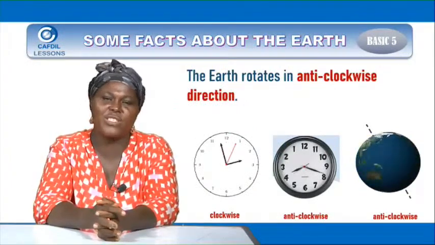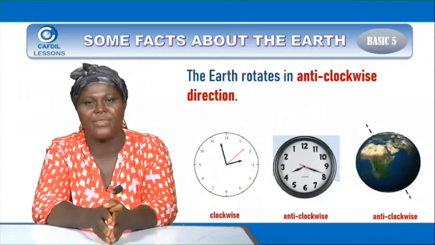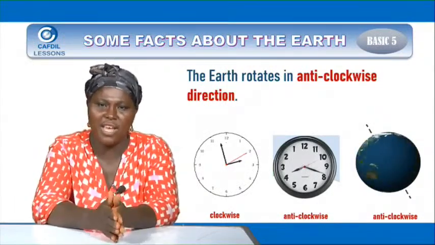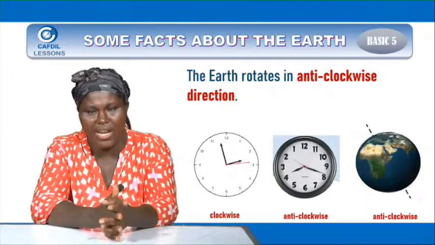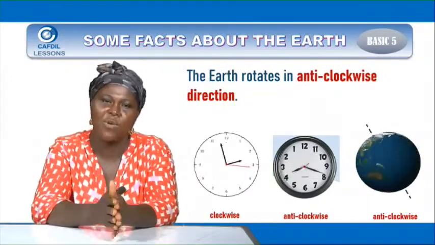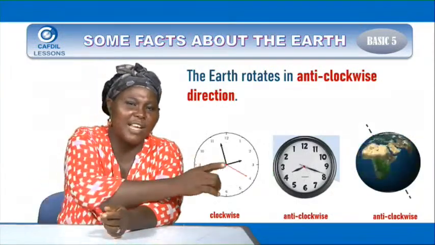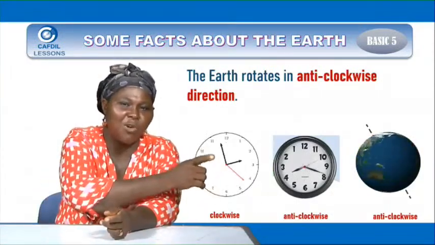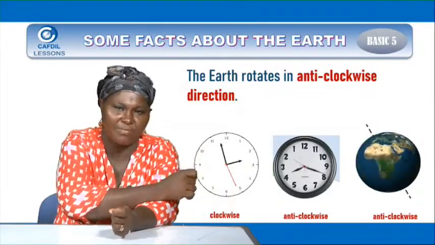Let's go to another fact. The Earth rotates in an anti-clockwise direction. When we say anti-clockwise, what do we mean? Let's look at our clock. Our clock is moving in a clockwise direction.